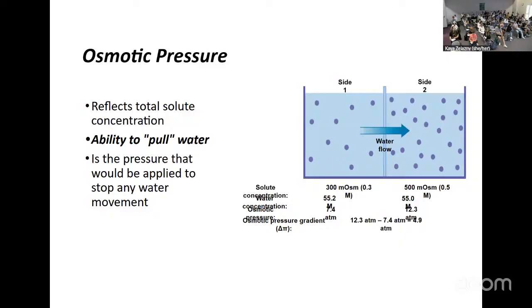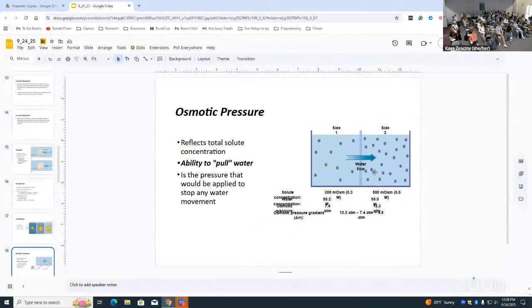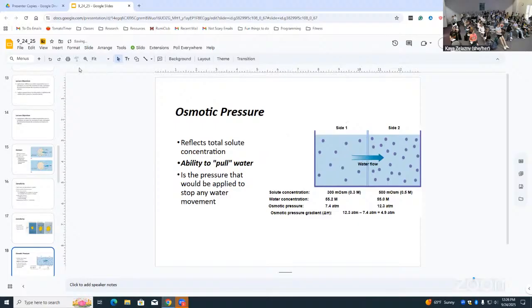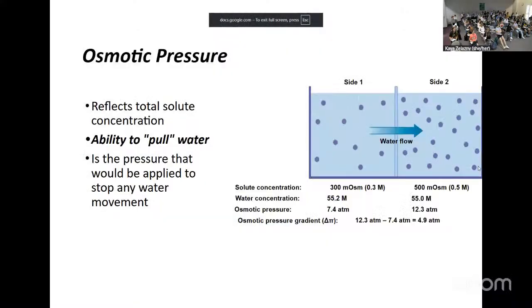So we can also think of the concept of osmotic pressure. Osmotic pressure is something that reflects that total solute concentration. We're thinking about it as a pull on water, right?